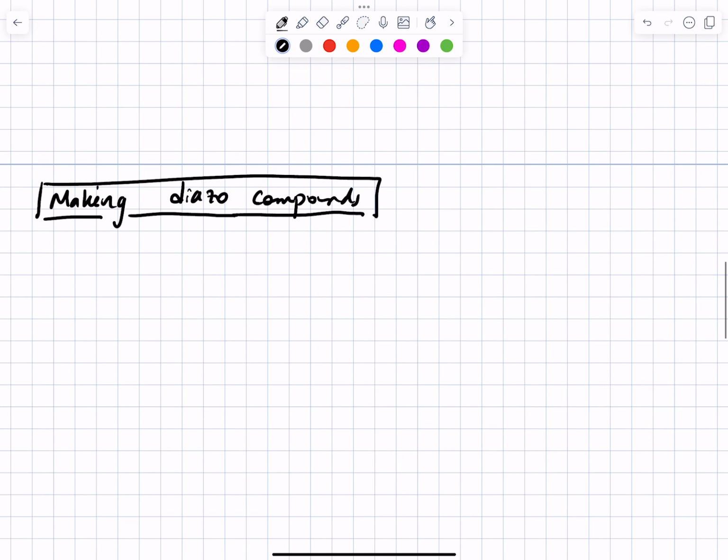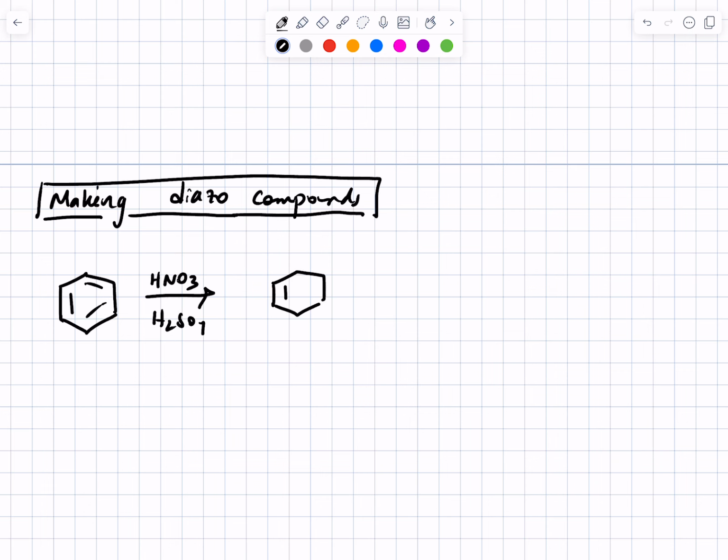All right, so first you're going to start with a benzene ring, and you're just going to do nitration chemistry. This is just electrophilic aromatic substitution of the kind that we've done before. So we install the nitro group. Then we reduce the nitro group to the amine using hydrogen and palladium on carbon.